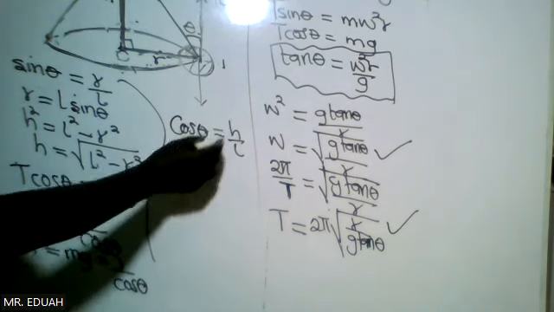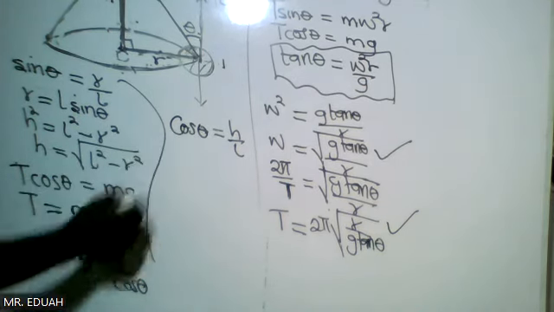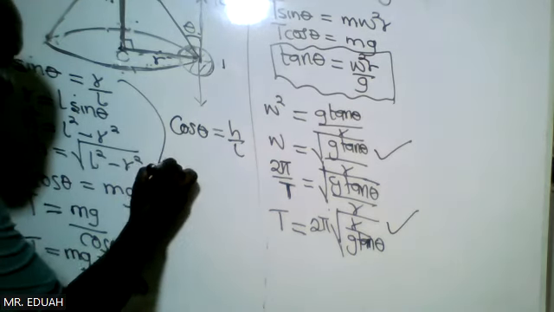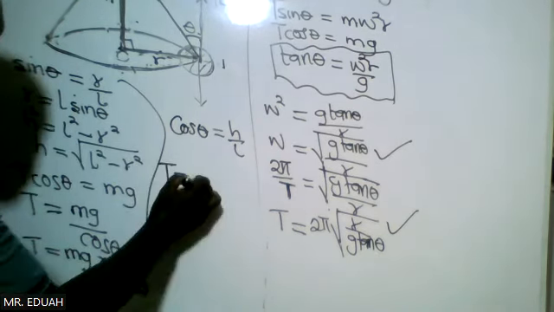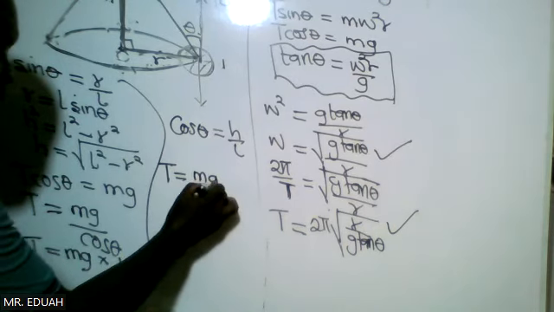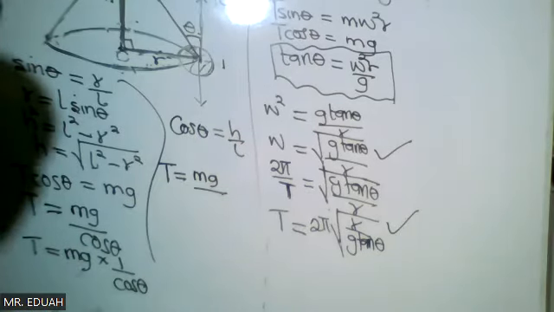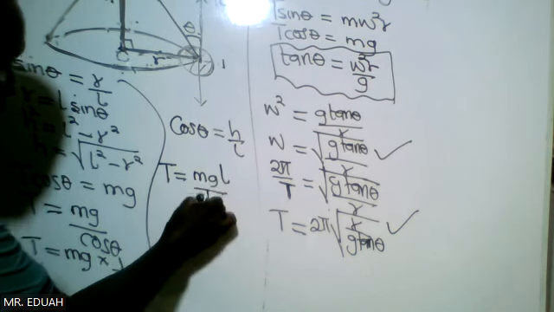So if we found cos theta to be H over L, then the tension T within the string is equal to mg over 1 on cos theta, but cos theta is H on L, so this is L over H.